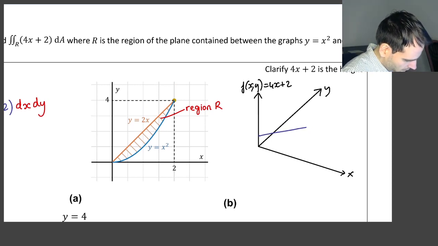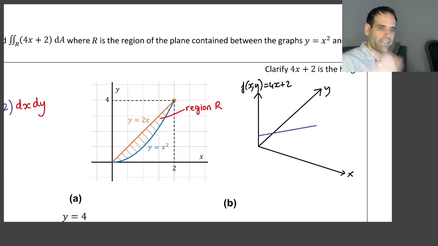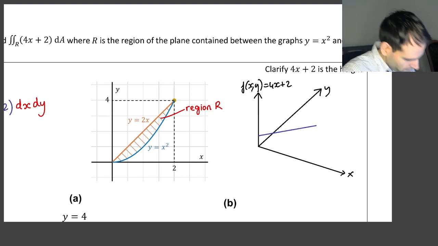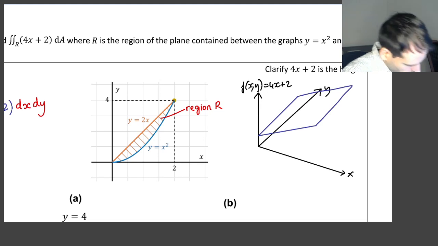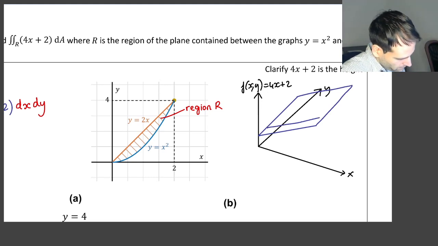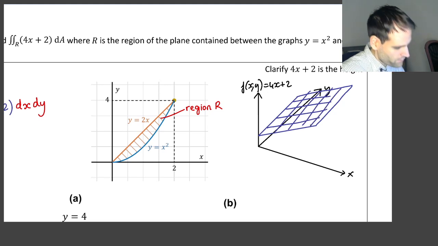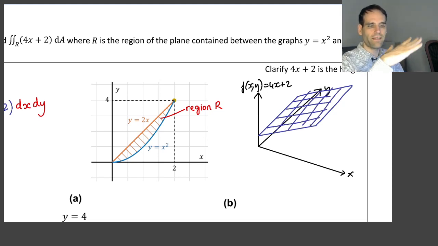It's a straight line like this. This is in the x direction, but in the y direction it's constant. It doesn't depend on y. So I could draw something like that. So it is this surface here. It's like the roof of a shed.